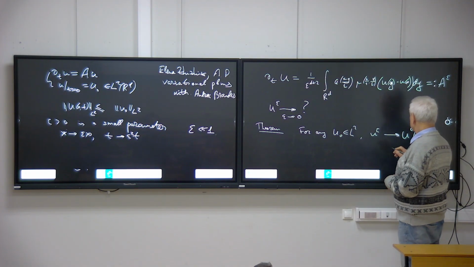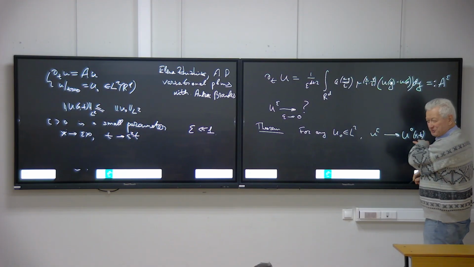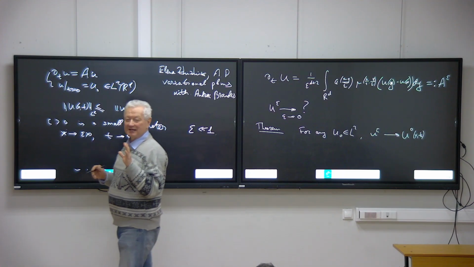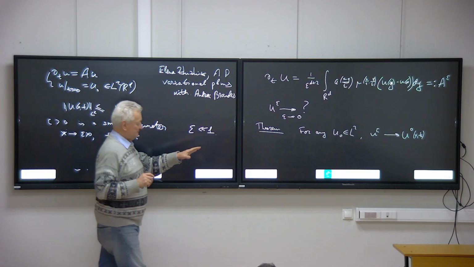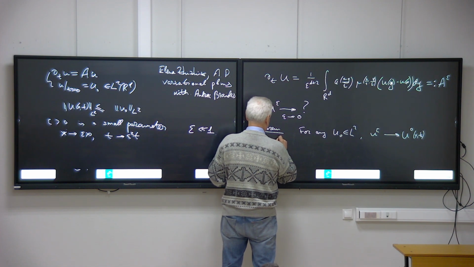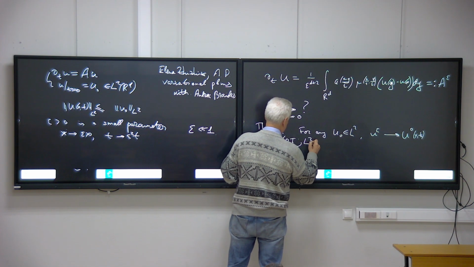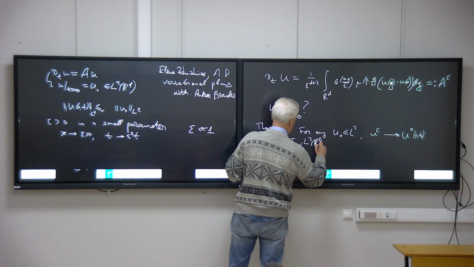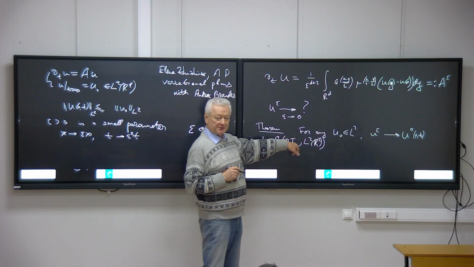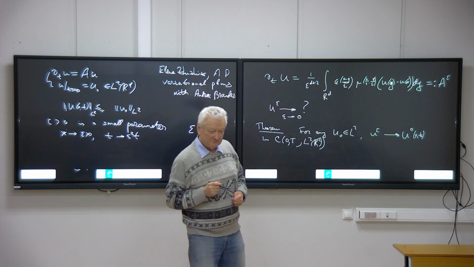Okay, it's not correct to write it this way, but u epsilon converges to u0 in the space C([0,T]; L2(R^d)). So it is the supremum norm in time and the L2 norm, in L2 uniformly over t.